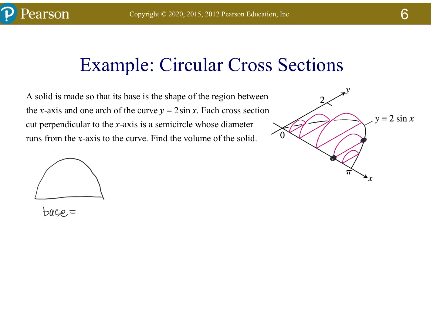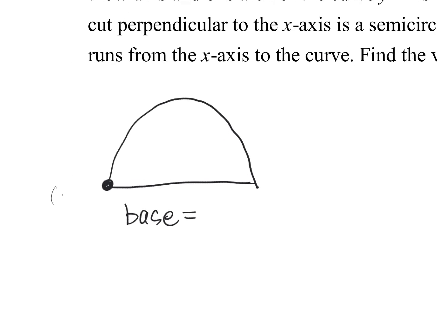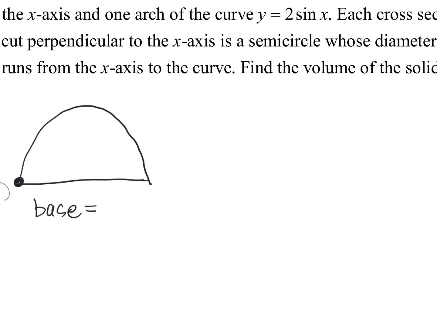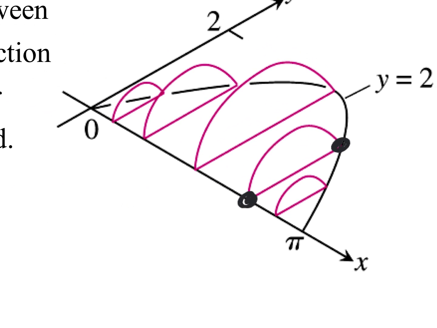So the corners: one corner is on the x-axis, the other corner is on the sine curve. If I were to translate that over here, I would say that corner is at (a, 0). I don't know where position a is on the x-axis, but I know that because it's touching the x-axis, its y value is 0. So its coordinate is (a, 0).